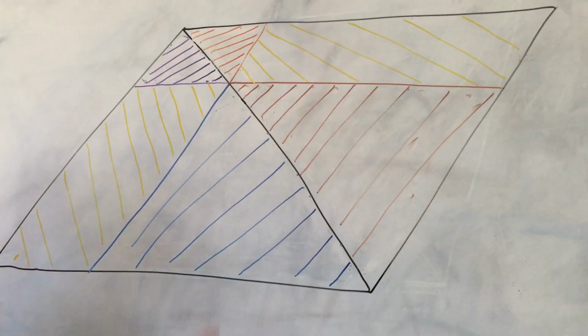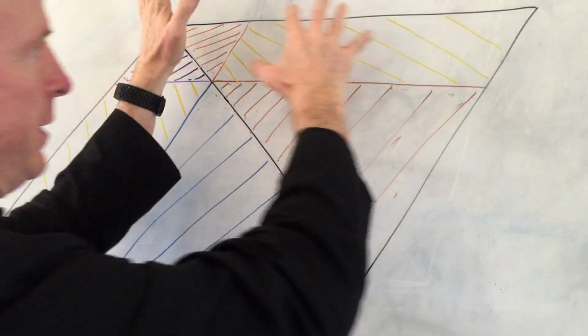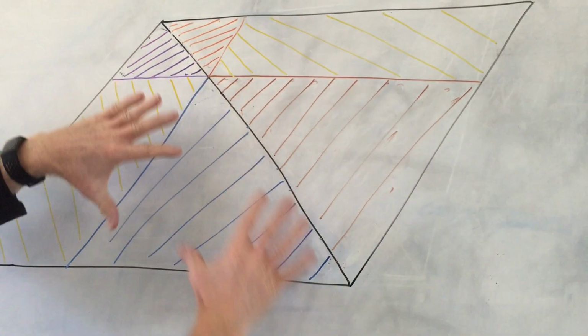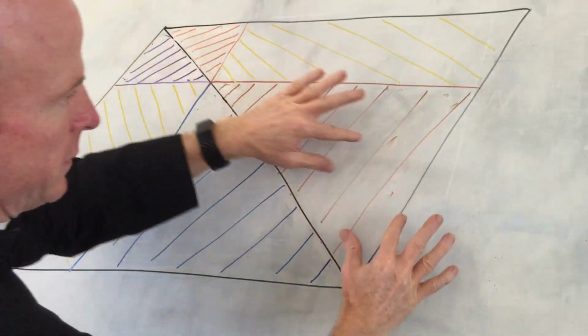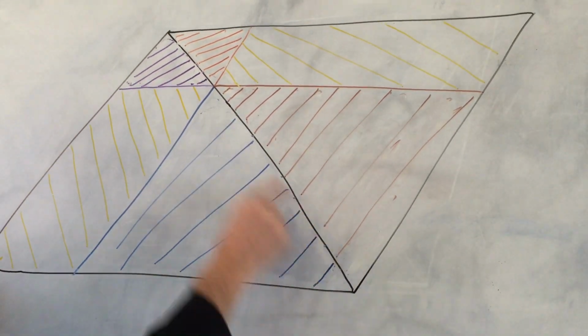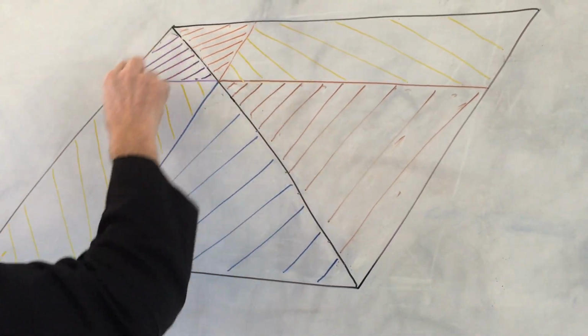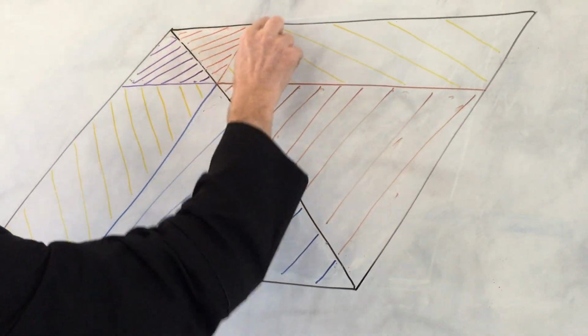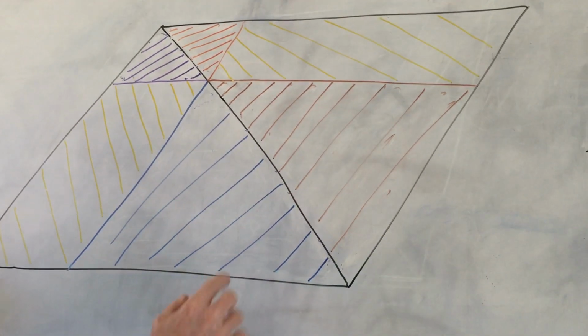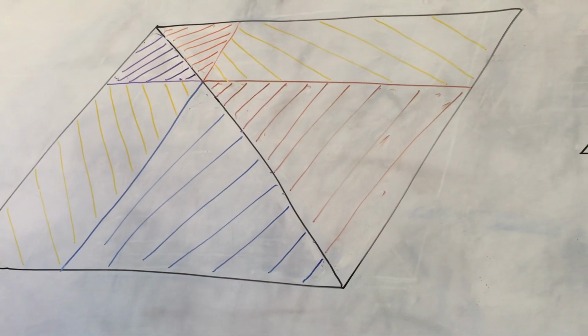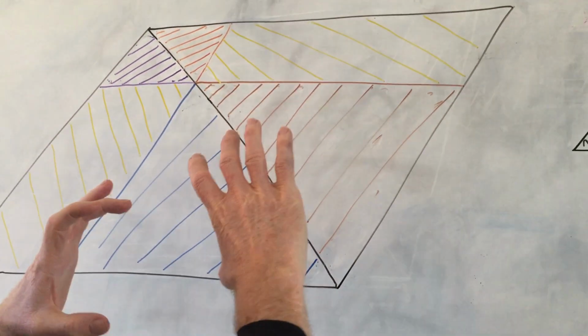Okay? So we've got this big triangle equal to this big triangle, and these two parts of it are equal to these two parts of the other one. Okay? Big triangle equal to big triangle. This equal to this. Let's subtract the parts that are equal. Let's subtract these out.